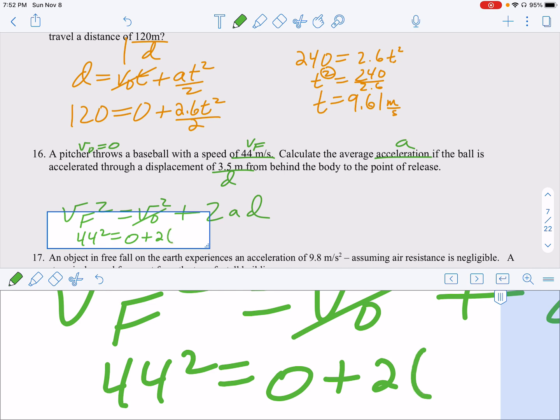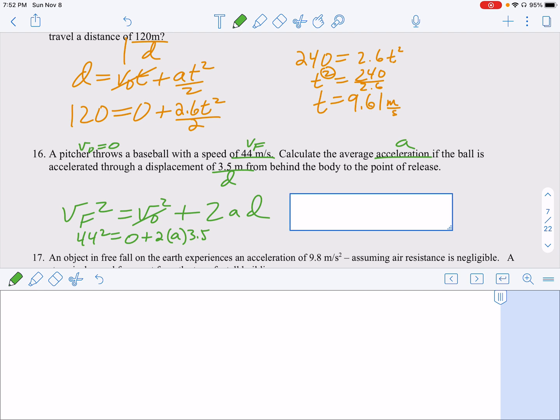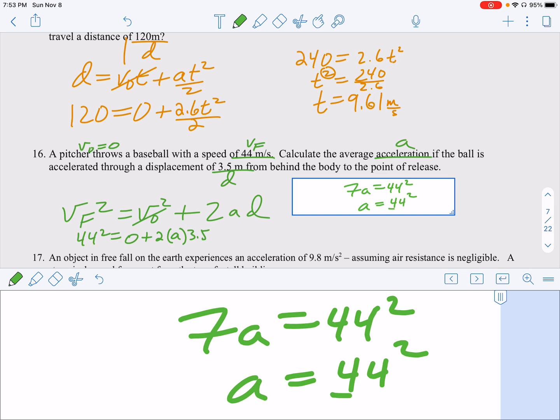Plus 2 times, that's what I'm looking for, A times the displacement of 3.5. Okay, so 2 times 3.5 is 7. So 7A equals 44 squared. So A equals 44 squared divided by 7.